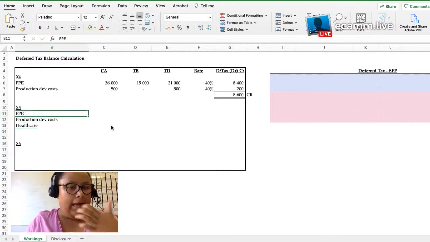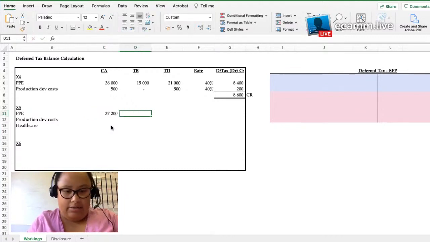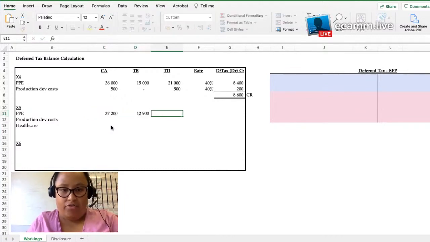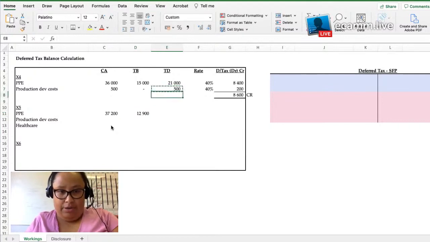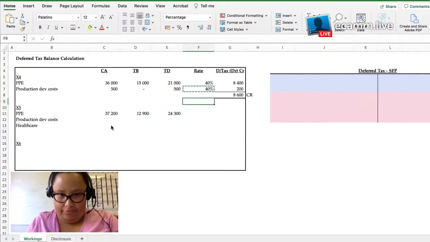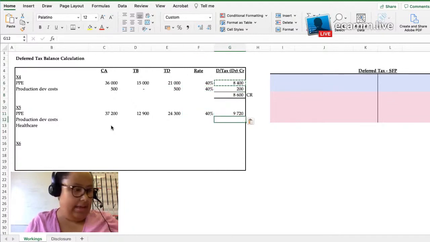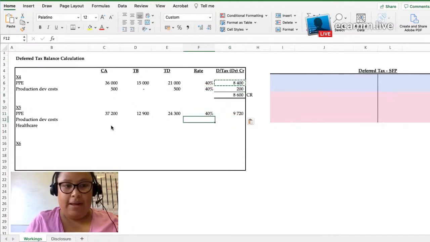Okay, so with the PPE, our new carrying amount is 37,200. Our tax base is 12,900. Okay, our temporary difference over there, and our tax rate in X5 is 40%. Okay, so there is my tax for my PPE.